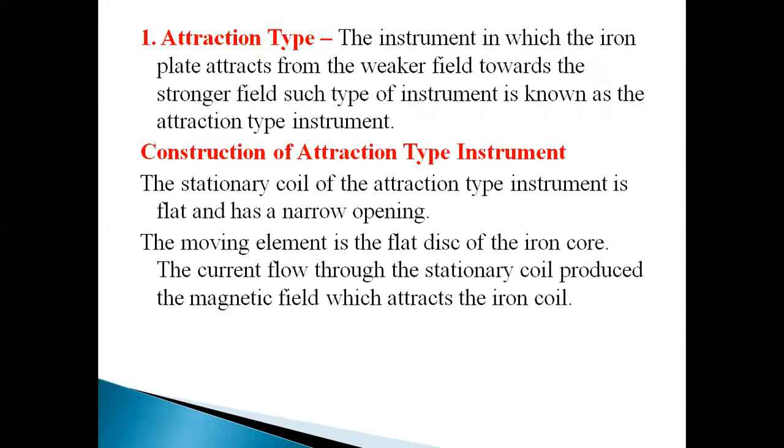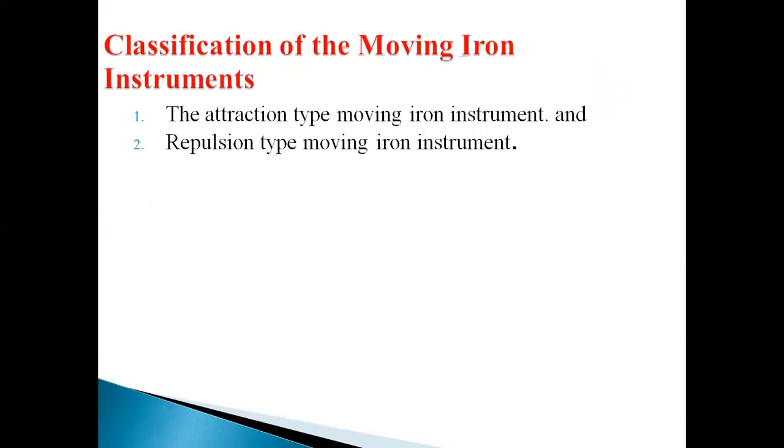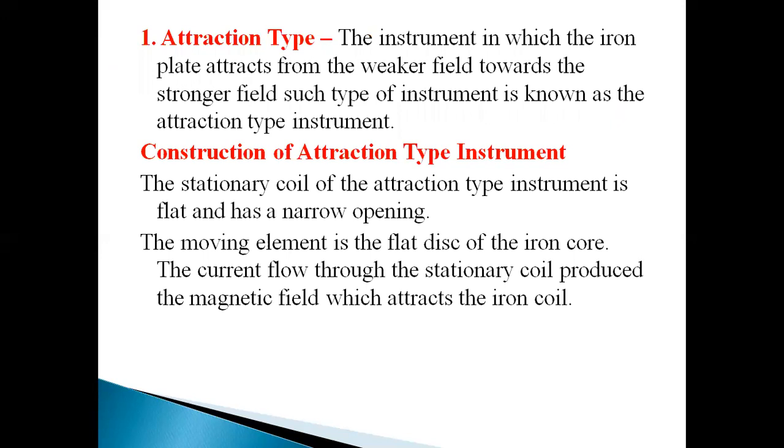So here I will tell one by one. The moving iron instruments are of two types. They are the attraction type moving iron instrument and the repulsive type moving iron instrument. So the attraction type is the instrument in which the iron plate is attracted from the weaker field towards the stronger field. Such a type of instrument is known as an attraction type instrument.